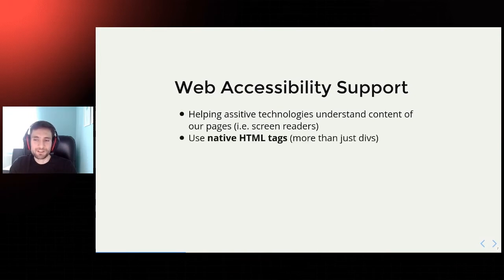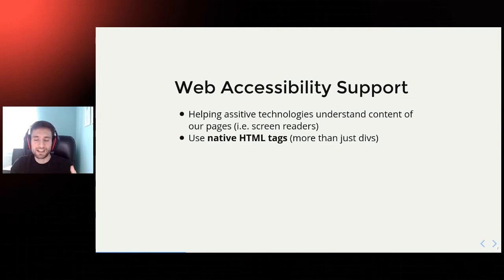One, and the most important one, something to start with, is just using native HTML tags, tags that actually mean something. Because if you create a page full of divs, the assistive technology wouldn't be able to distinguish between one or the other, because it doesn't know what a div actually means.